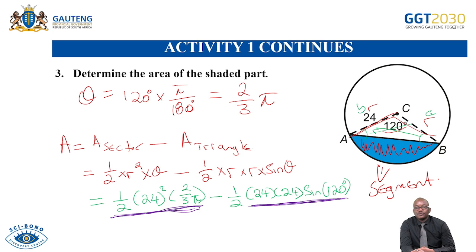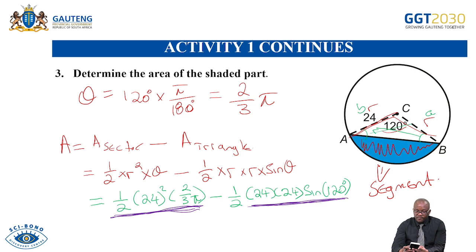Those are the two things that normally will confuse our learners. Because if you were to use radians for your sine while your calculator is in degrees, it will give you a different answer.